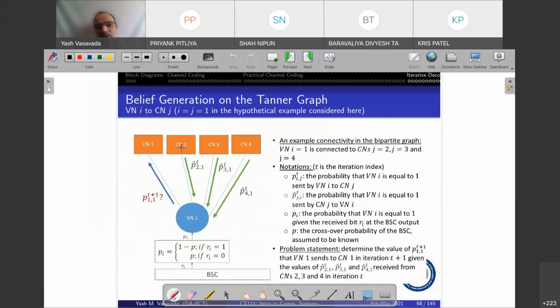But then subsequently, what this variable node has sent to this check node will be sent to the other variable nodes that are connected to it, right? So that way, the graph at multiple iterations will kind of expand.